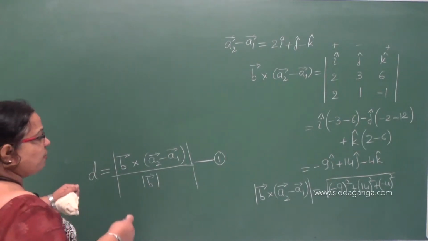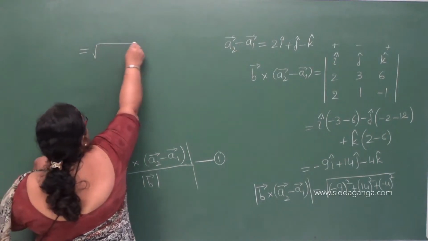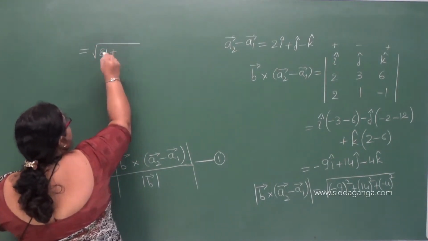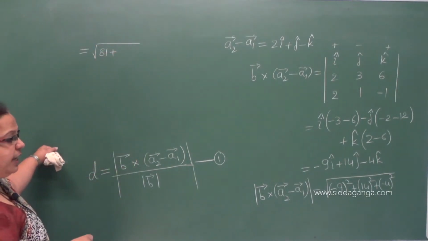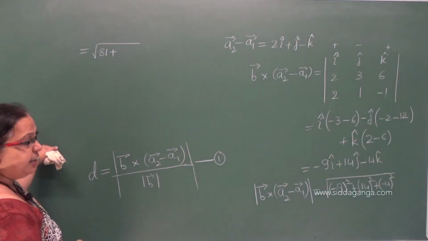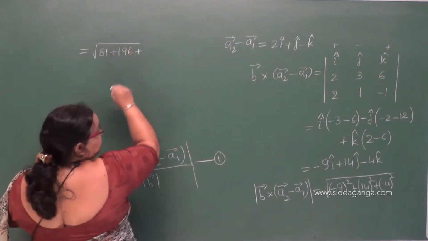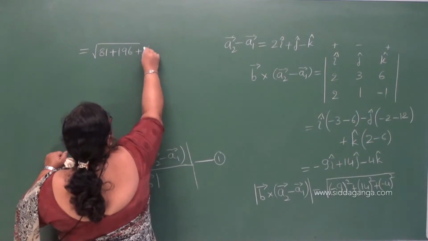Now 9 square is 81, root of 81 plus 14 square, 14 into 14, 196, plus 4 square is 16.